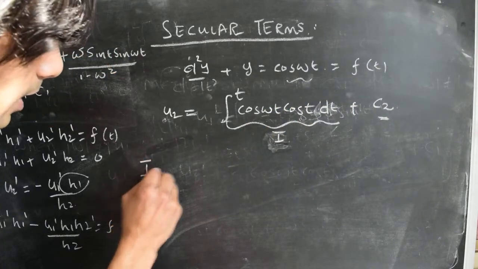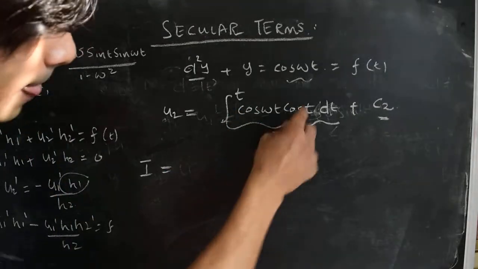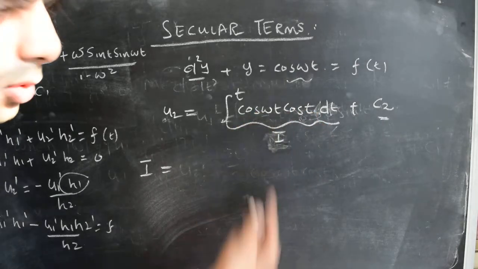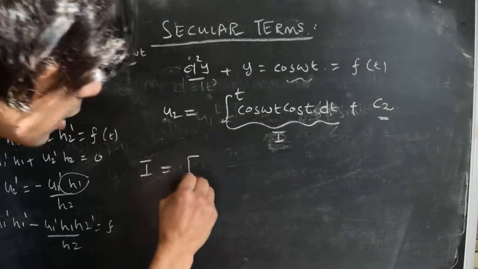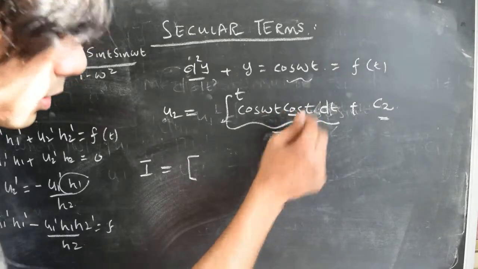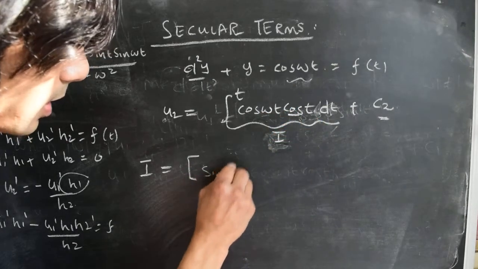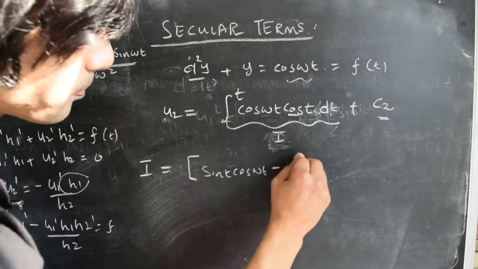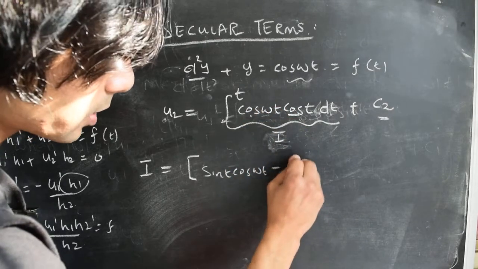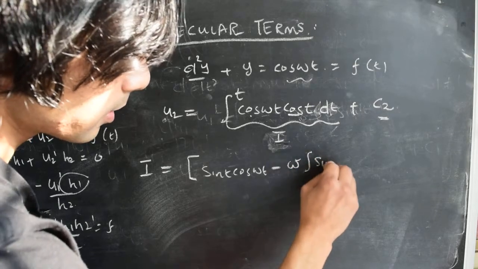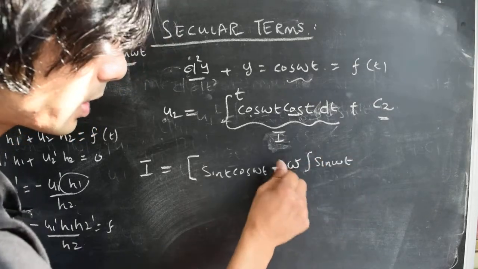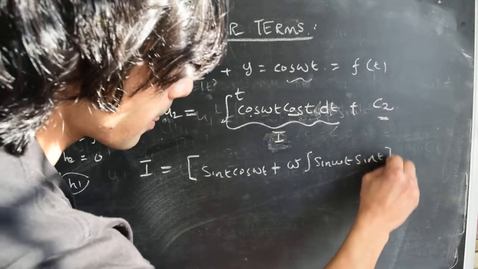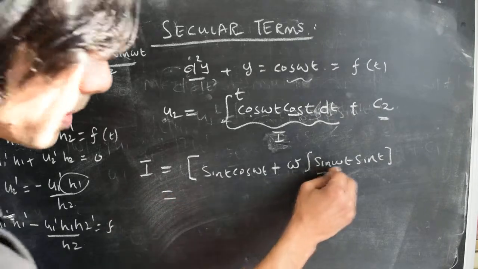So I, again, we integrate by parts twice. Let's integrate the cosine t function and differentiate the cosine omega t. The first integral gives us sine t times cosine omega t, minus, the derivative of cosine omega t gives us omega times minus sine omega t, so we pick up a plus sign here, times the integral of cosine, which is a sine. Then we integrate by parts again.